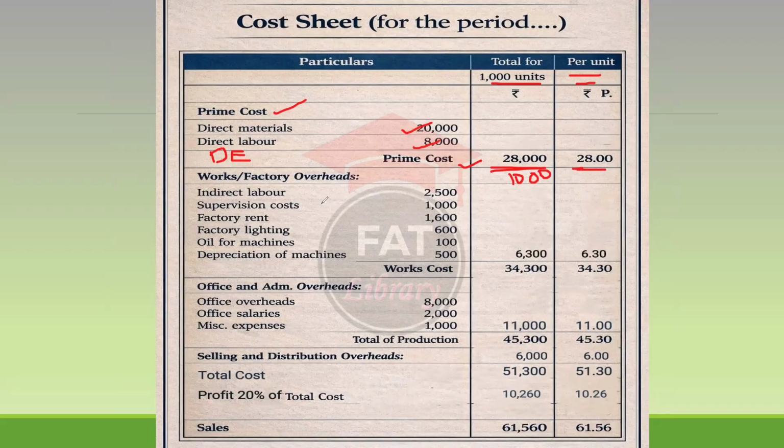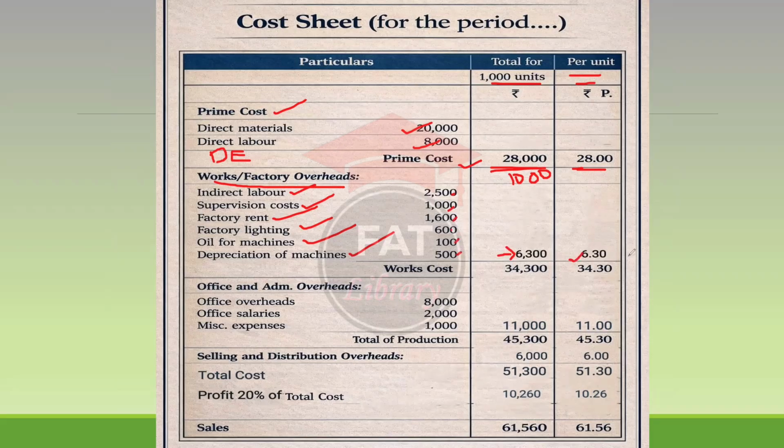Okay. Next we have to add the works or factory overheads. So what are all the works or factory overheads given in the problem are indirect labor they have given, supervision cost they have given, factory rent, factory lighting, oil for machines, and depreciation of machines. So these things if we calculate together we got the amount as 6,300.